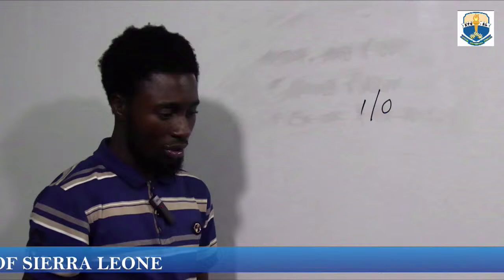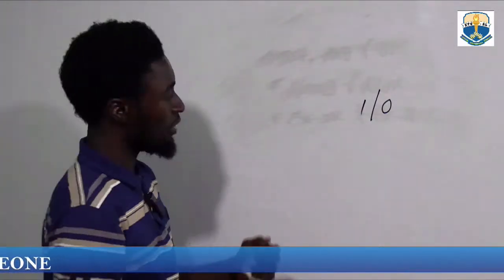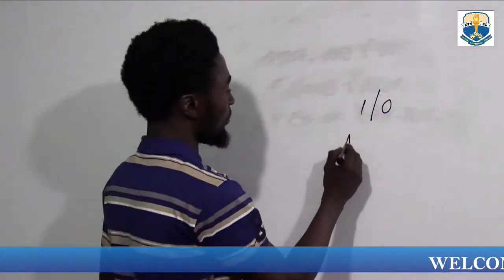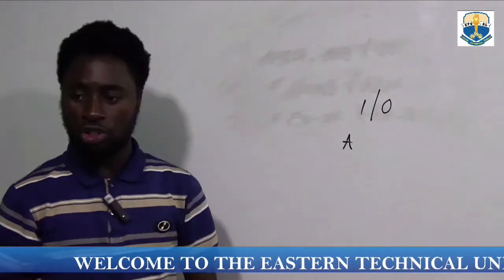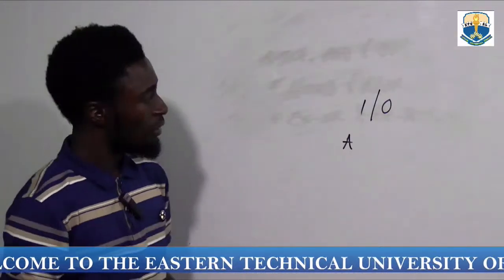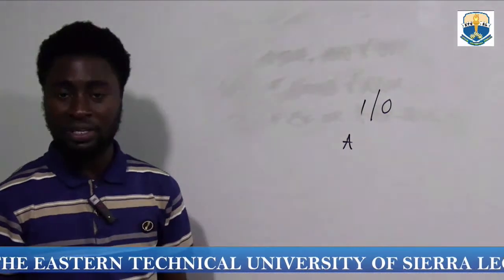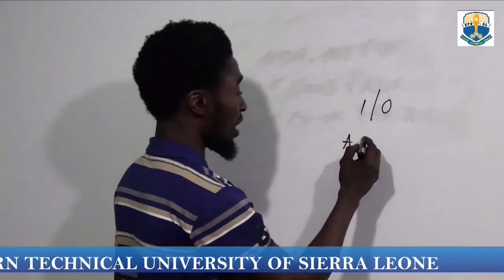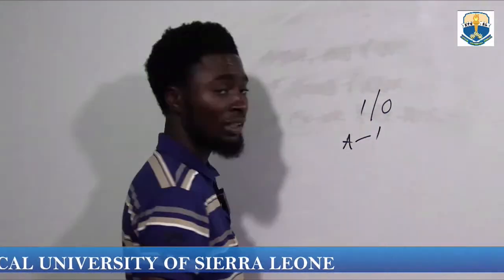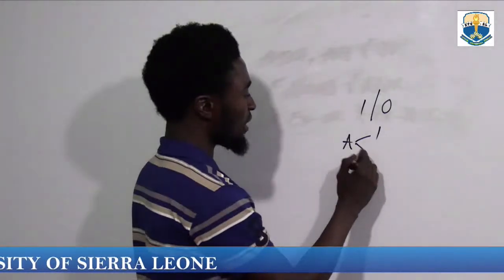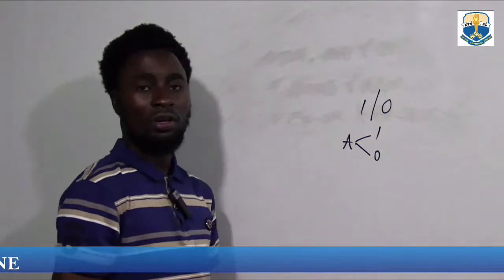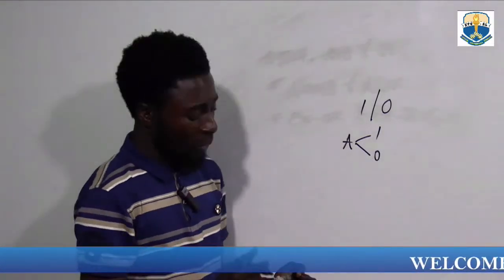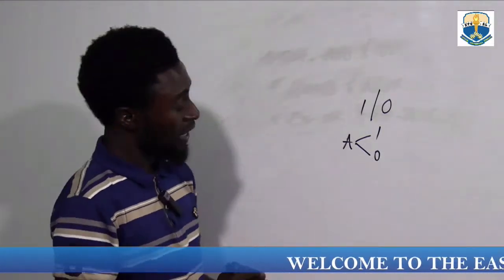So considering A to be our first input, the input A may be in one of these conditions. It may be in a high state, which is 1, or in a low state, which is 0.